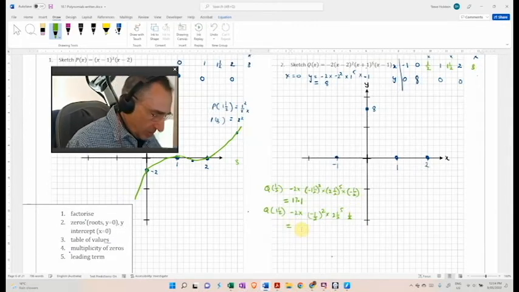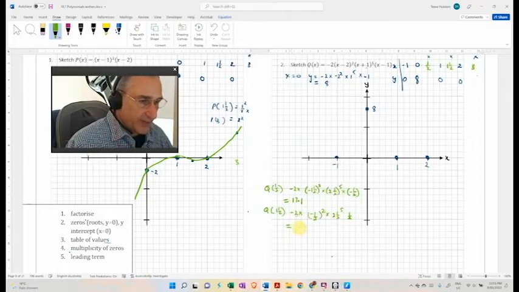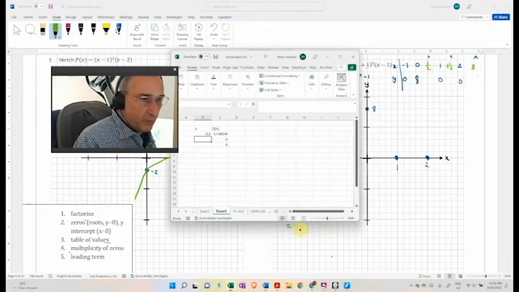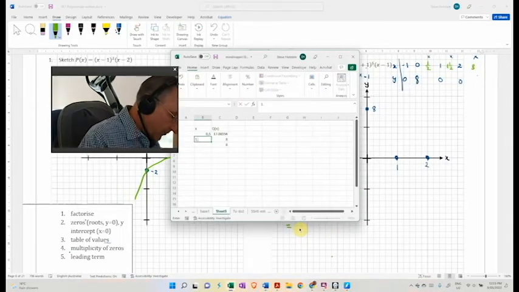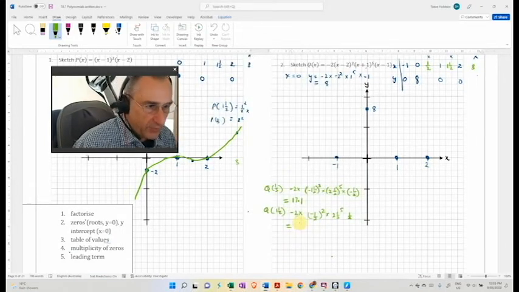Now what we can see is this is positive, this is positive, this is positive, and this is negative. So overall negative. Q of 1.5 is minus 24.4.